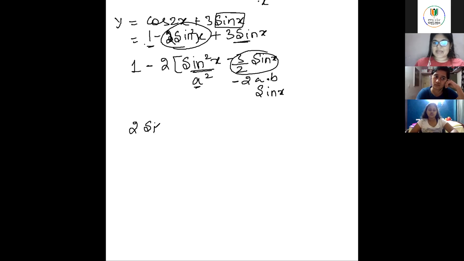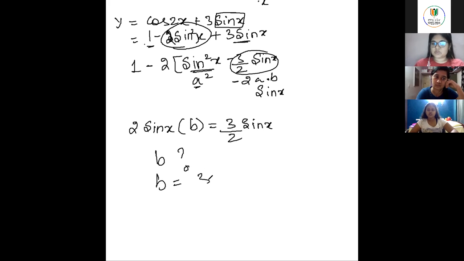So 2 sin x into b is equal to 3 by 2 sin x, correct? So what should be b? b is equal to 3 by 4, right? So my b is equal to 3 by 4. So I can do one thing.